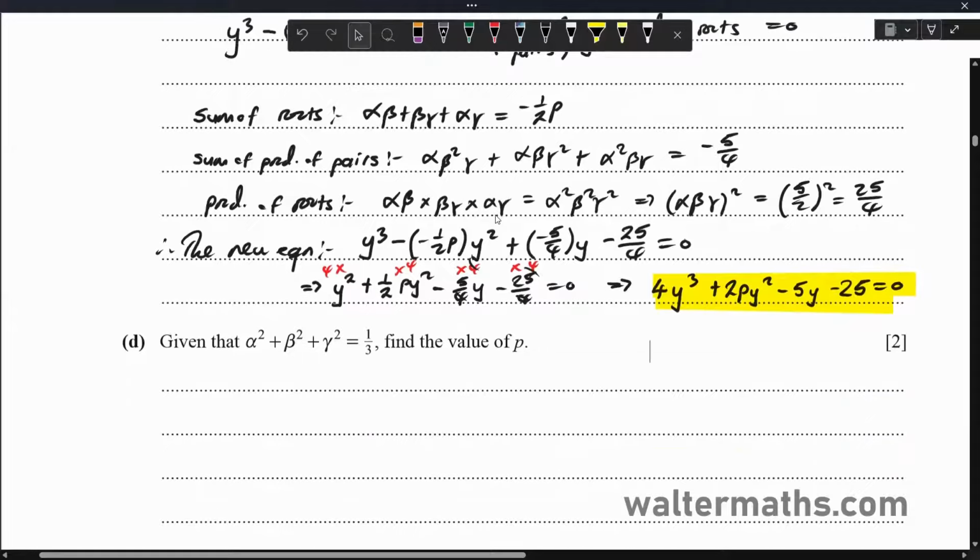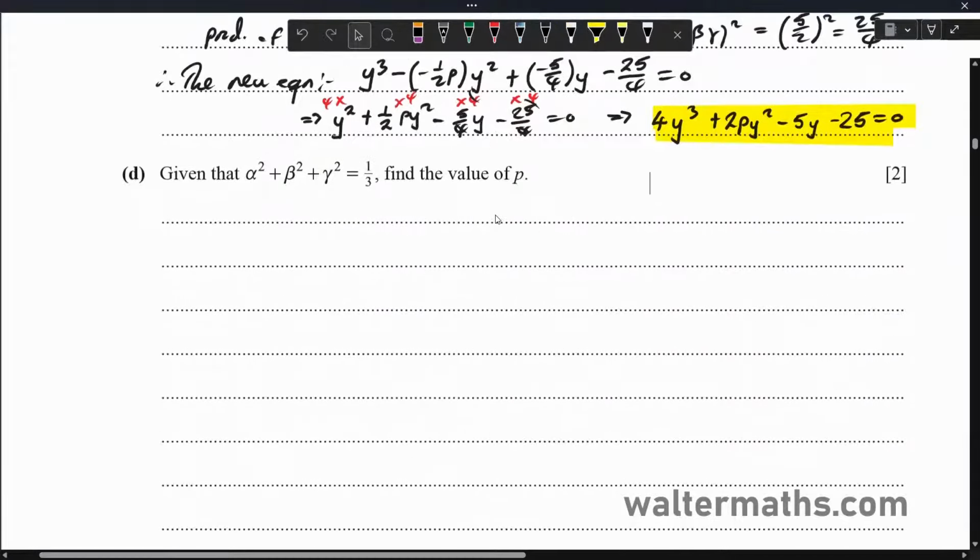All right. For part D, okay. I'm sure you did part D, did you? Yes, I did. Okay, so we've been given the sum of squares. We know that the sum of squares is equal to the sum of roots squared minus 2 times the sum of product of pairs.